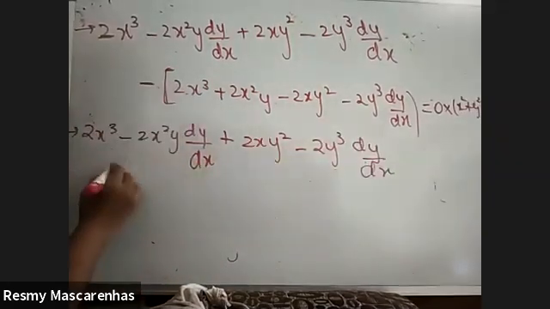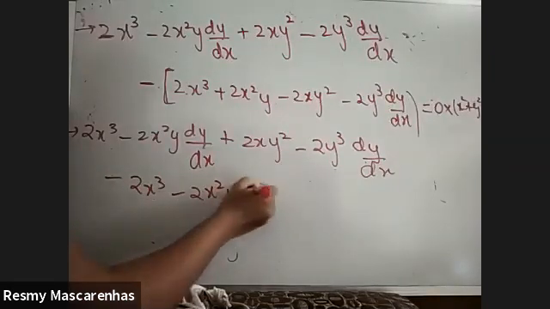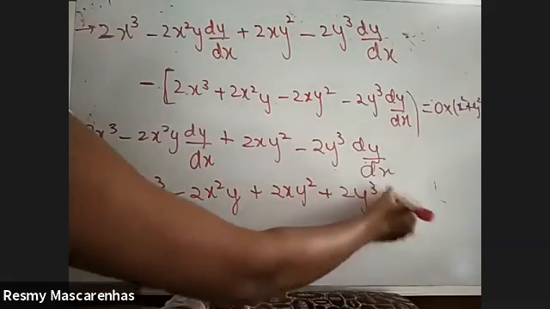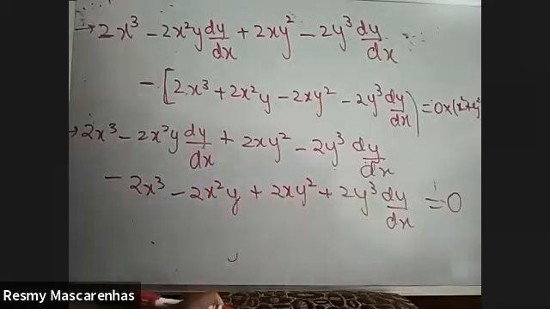Now open up: minus 2x cube minus 2x square y plus 2xy square plus, and now cancel.